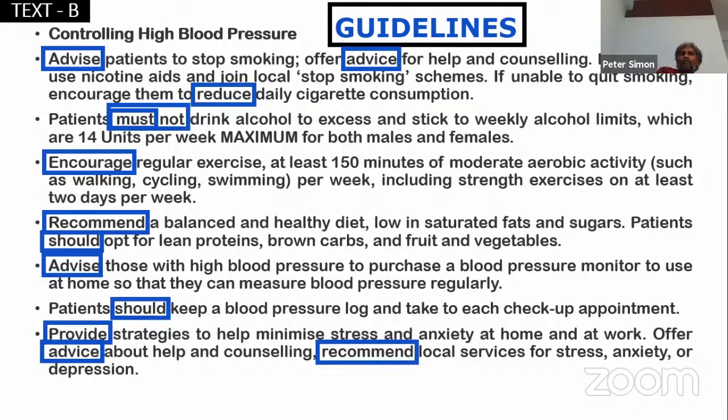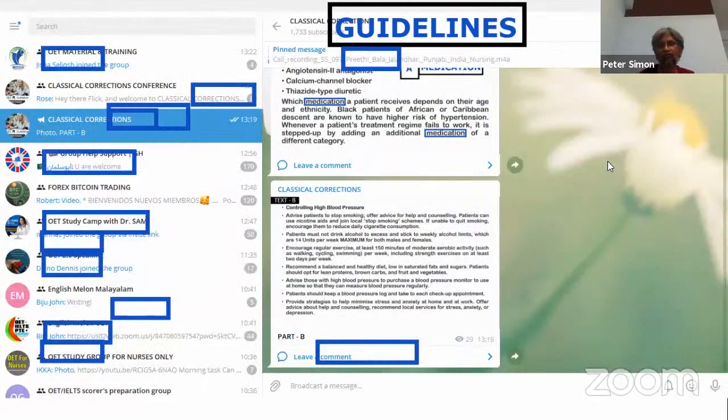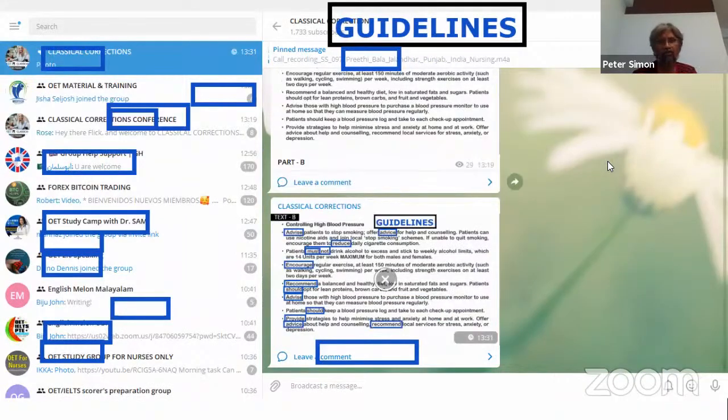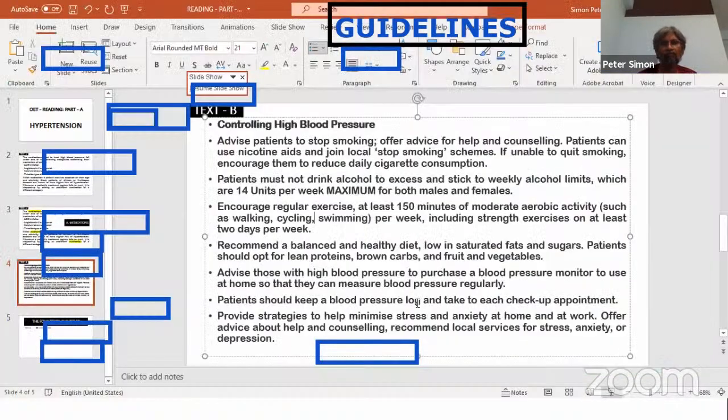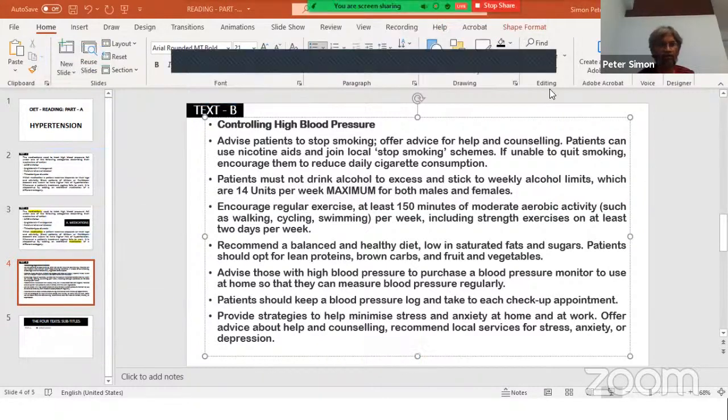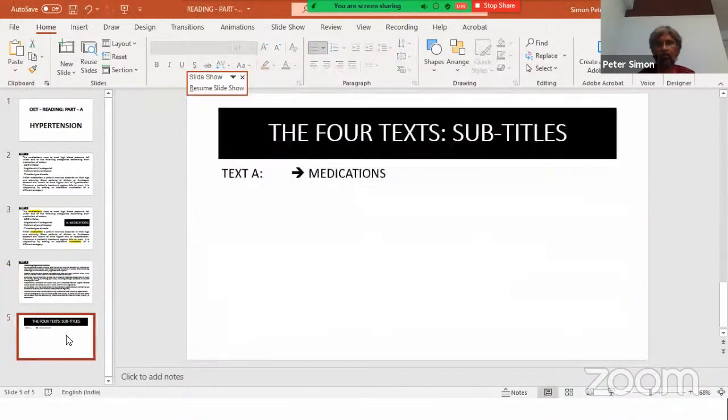I understood from there. So the second title is guidelines.